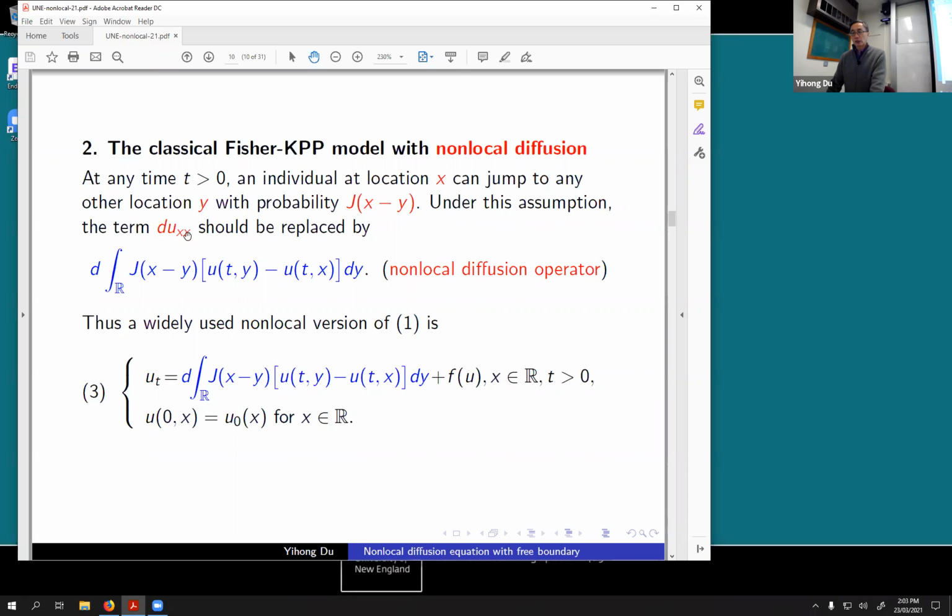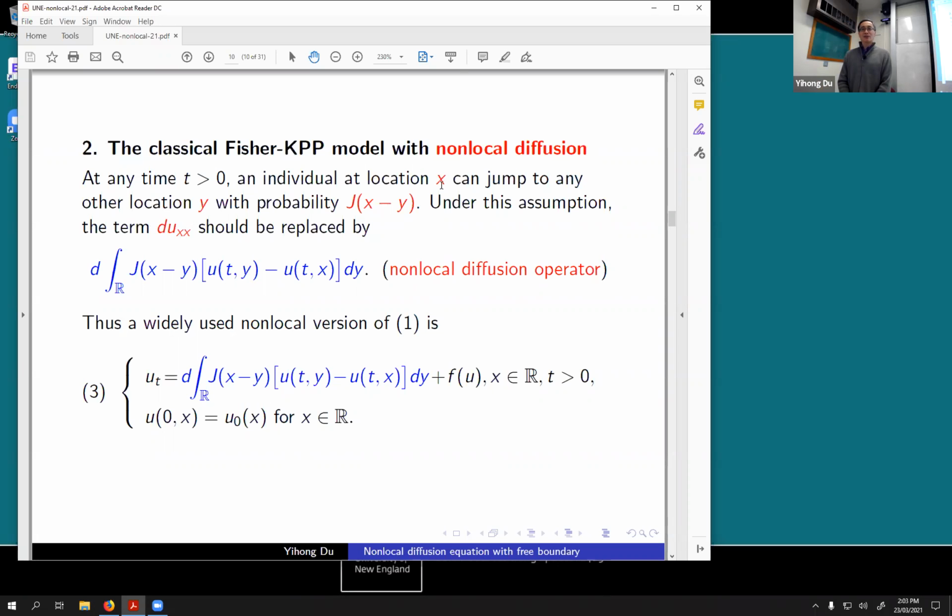Local diffusion really means an individual at any location x, in a time interval, moves to the neighboring interval to the left or to the right with probability half.